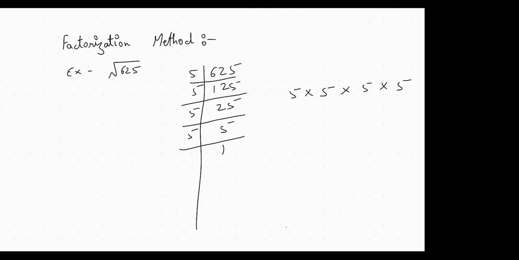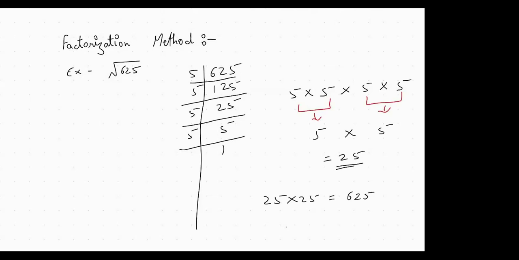We will make the pairs, this 5 and this 5, this 5 and this 5. From this pair and this pair, we will take one 5 out, that is 5 into 5. So my square root is 25. That is, if I do 25 into 25, I will get 625.